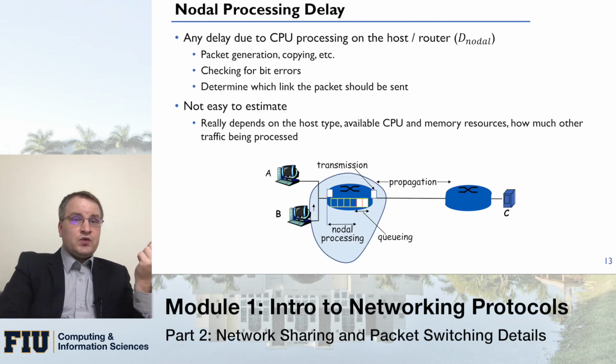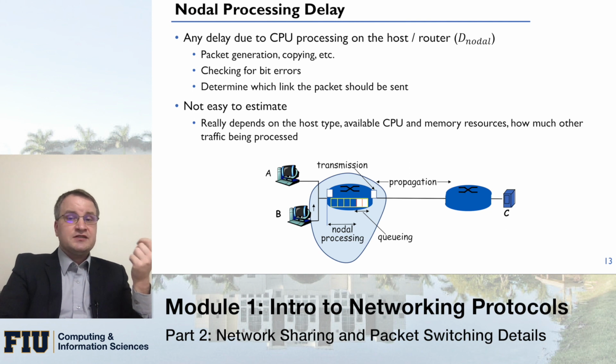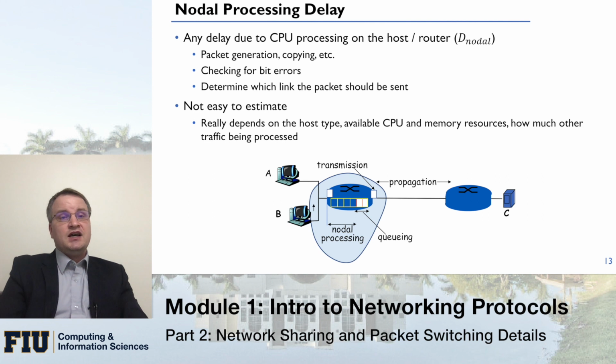So nodal delay, which you may also hear called processing delay, is effectively anything that delays the packet while it's being processed. If a router is busy trying to look up the routing table and is taking a lot of CPU cycles to do that, there will be some nodal processing delay. If a packet needs to be checked for very complex checks, there is a lot of processing involved there, and there is a delay.